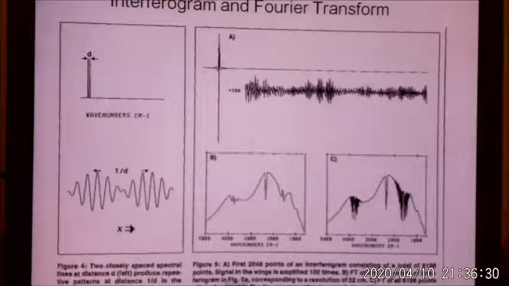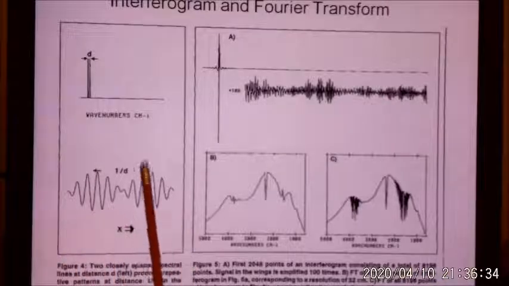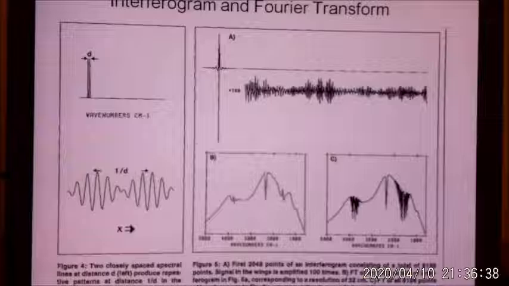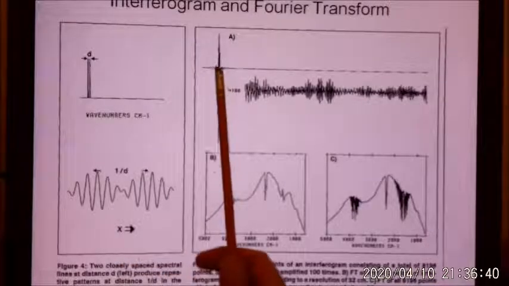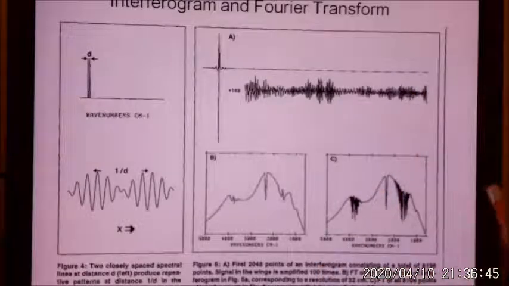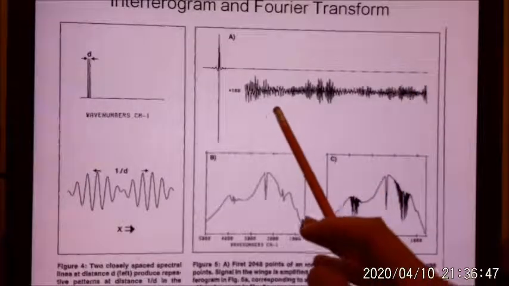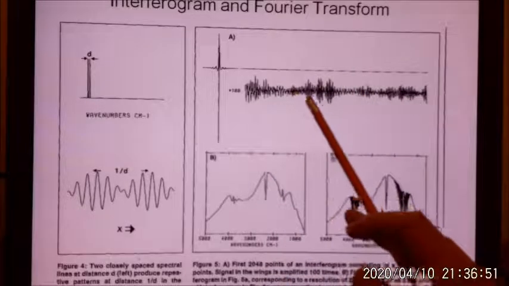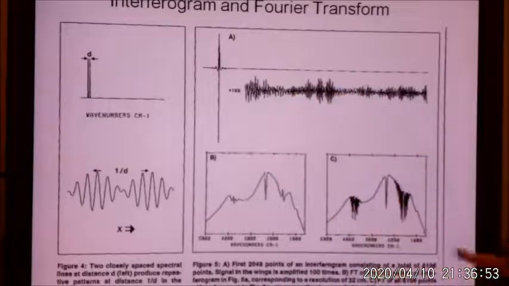Why is that important? So from here, when you do your Fourier transform, you can convert your time into what are the frequencies that compose this beat. So now let's take a look at your interferogram. You've gone through and you've measured your interferogram. If you multiply this part by 100, you can see now that I'm getting beats here because of all the frequencies that are combining in there, both constructively and destructively.